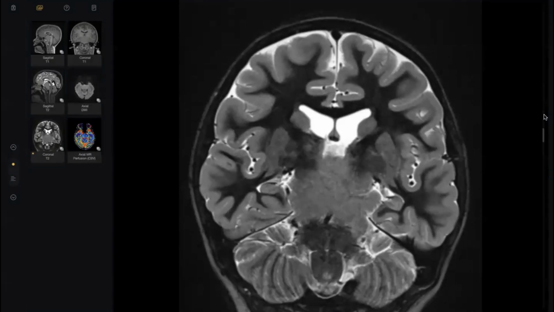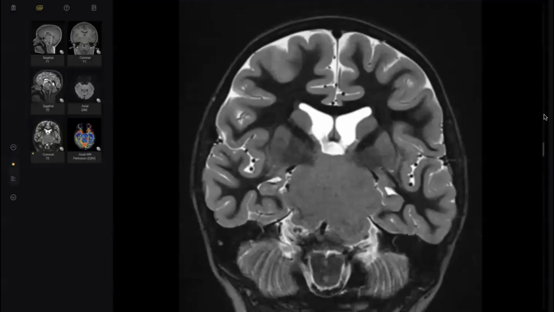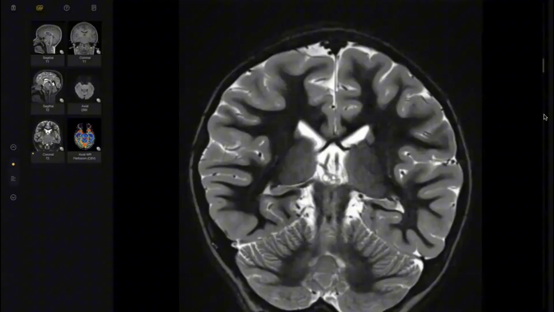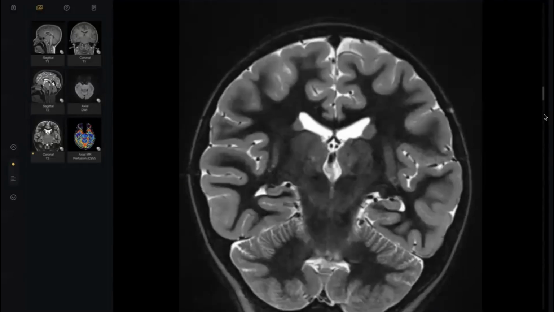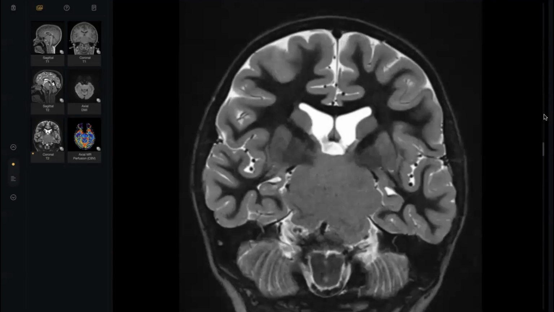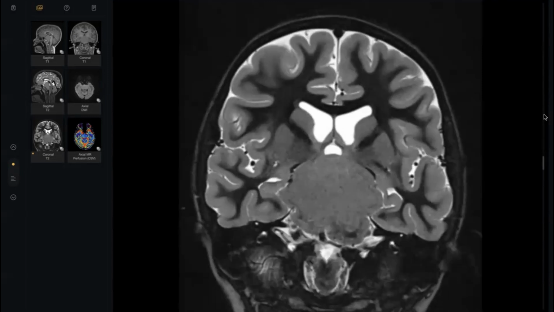In the sagittal view, I can separate it from the midbrain. I'm thinking about craniopharyngioma, as it's a suprasellar region with this age, and in the T2 there is marked hypointense signal within, which could be calcification.